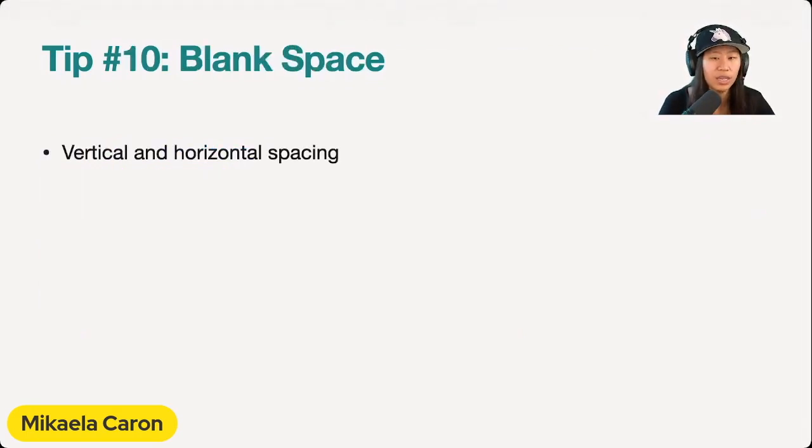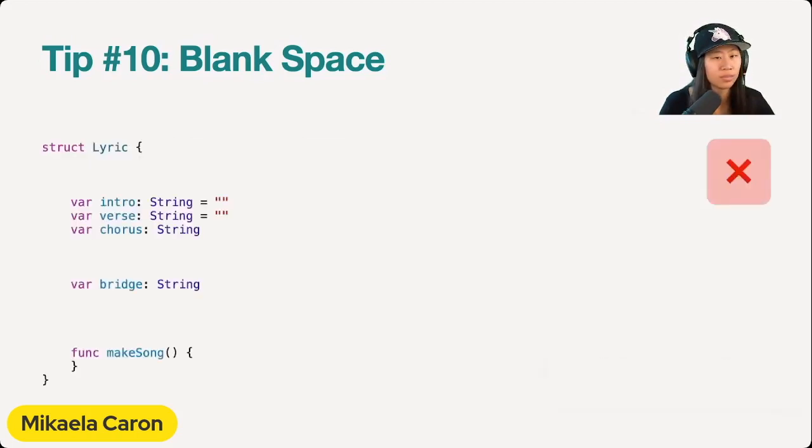Tip number 10 is about blank space. We're talking about vertical and horizontal spacing. If we had a struct called Lyric, and we have a couple variables and a function in here, this code is completely valid, but there's a lot of unnecessary vertical white space.